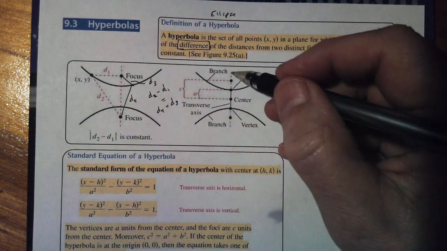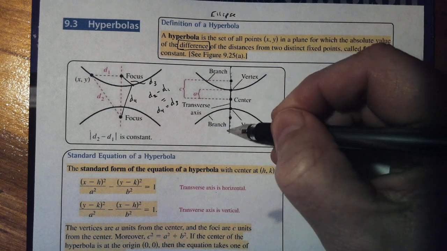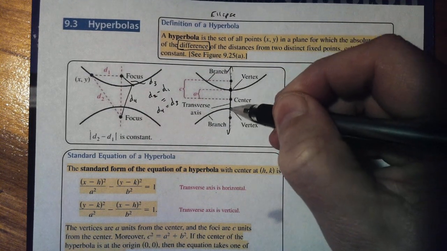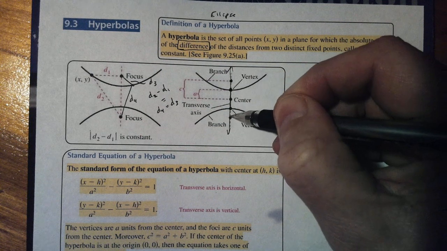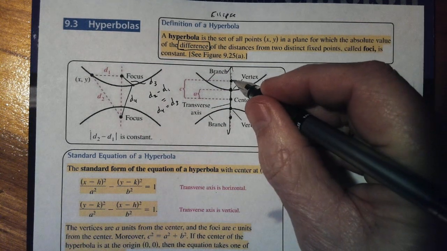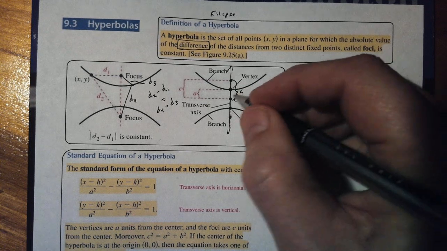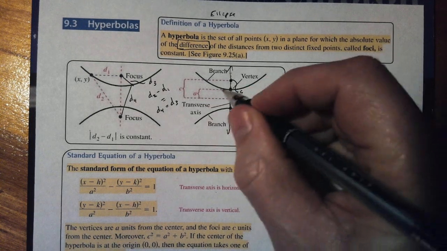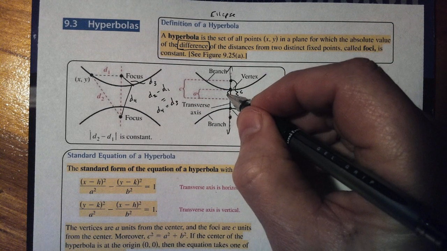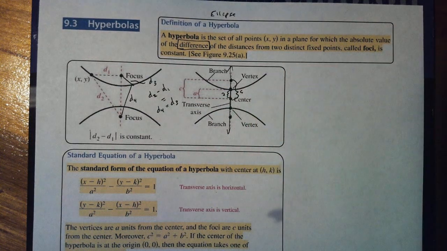Transverse axis right here passes through the vertices and the foci. Definitely worth noting that the focus is farther away from the center than the vertex. There's our C as they show here. There's our A as they show there.